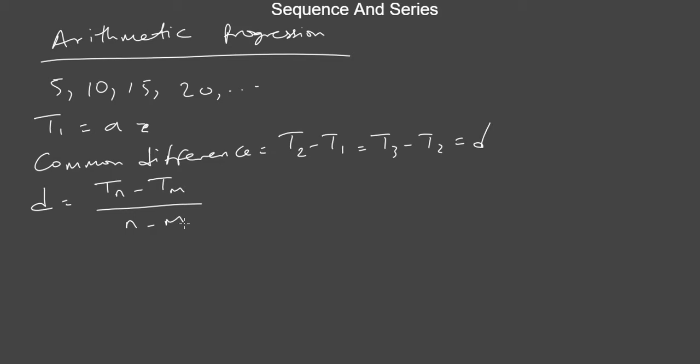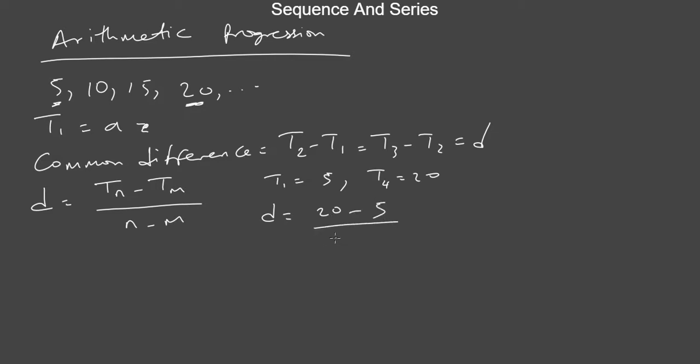What I mean by that is, if I were given the first term and the fourth term, and I want to calculate the common difference, I can simply do that by taking 20, which is the fourth term, minus 5, which is the first term.